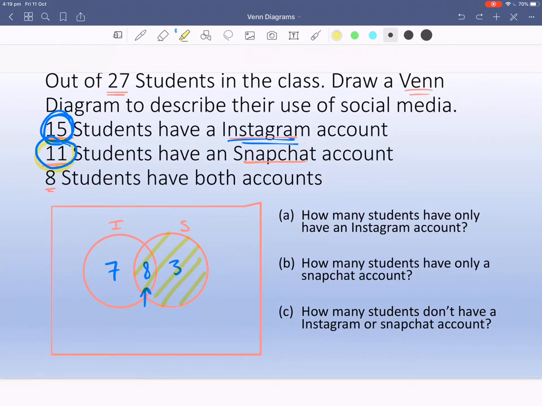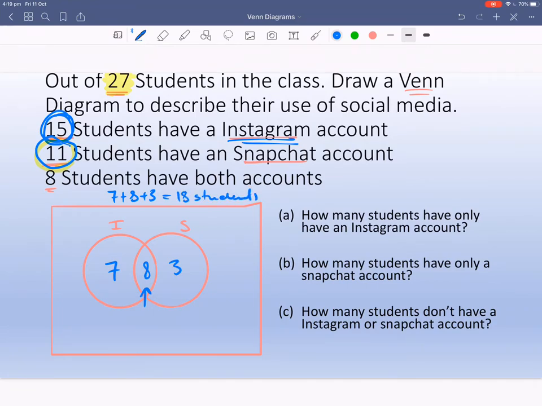Now there's one other piece of information that's really important, and that's this 27 up here. There are 27 students. Now in these two circles of the Venn diagram, we have not used 27 students. We have 7 plus 8 plus 3, which is actually 18 students.